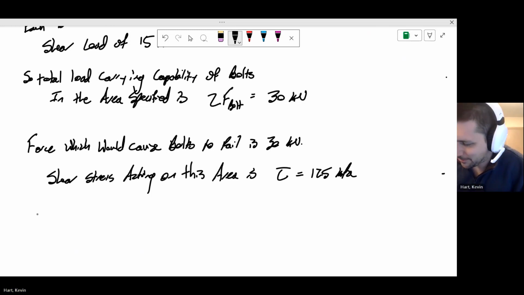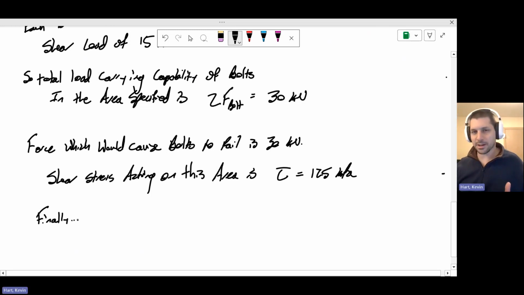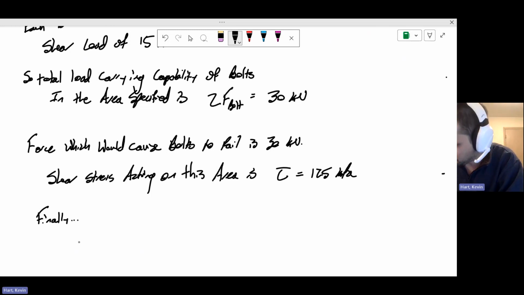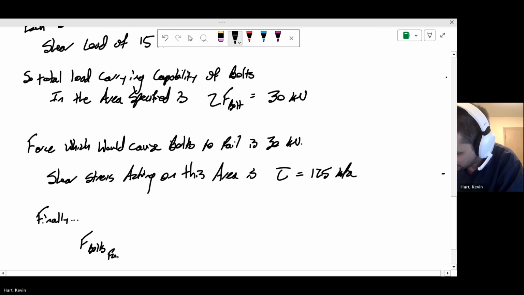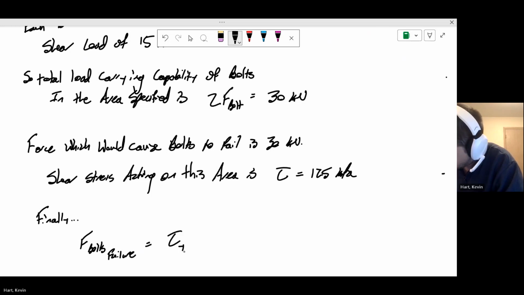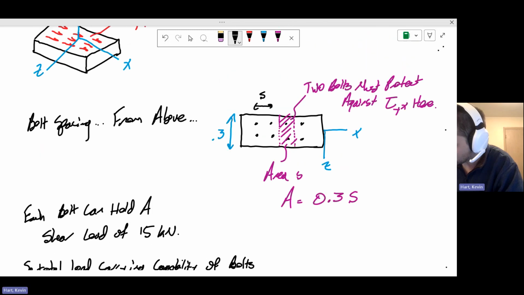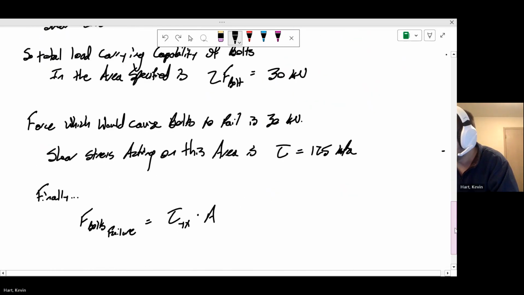All right. So this is just a force area stress calculation. Okay. So finally, to calculate the spacing required, that's going to come from the area that we need to protect against. We get the force in the bolts, which would cause failure, is equal to the shear stress that we must protect against, multiplied by this area that we're protecting over, again, this shaded area here, right? So it's this area that sort of surrounds these bolts that we're protecting.